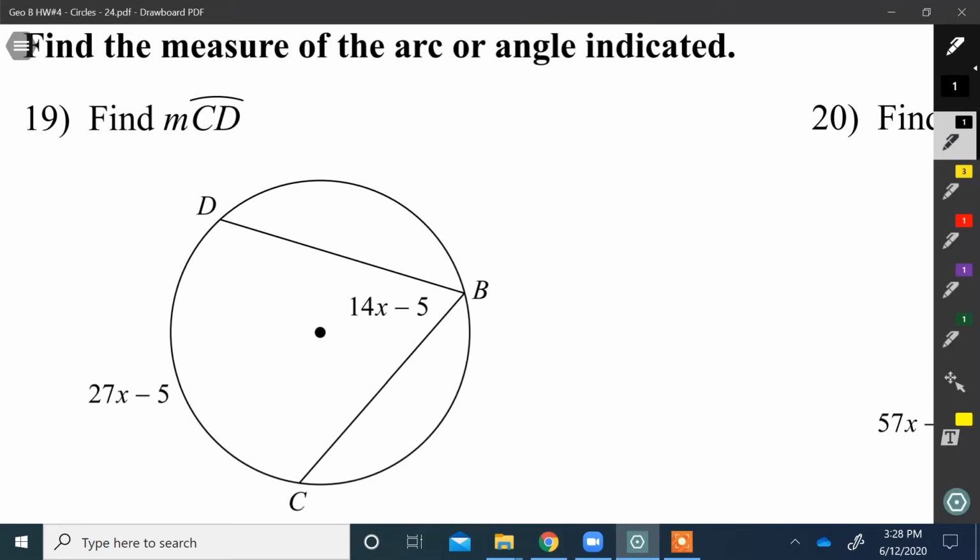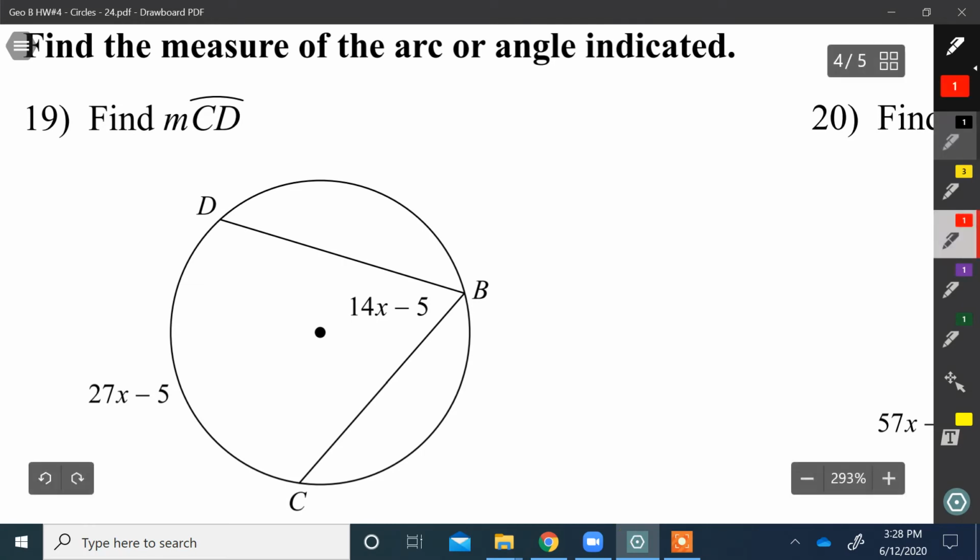And we need to look for CD. Okay, we have to be careful here. Let's look for CD. So right there, CD. I'm going to use my formula first.